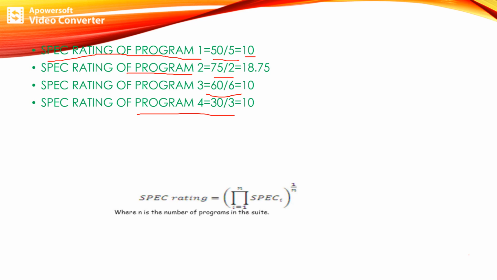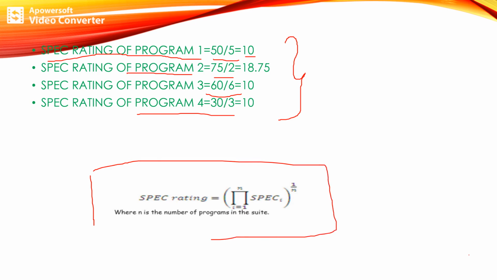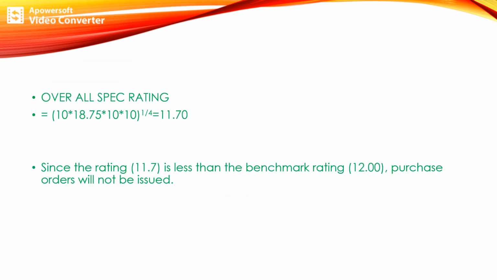So we have computed the SPEC rating for the different programs. Now finally we have to compute the overall SPEC rating. The overall SPEC rating is equal to the product, i equal to 1 to n, of SPEC i, to the power 1 by n, where n is the number of programs. Here the value of n is 4.